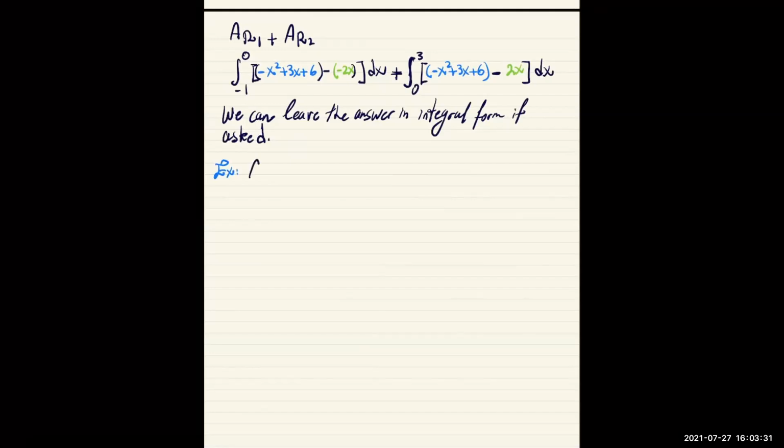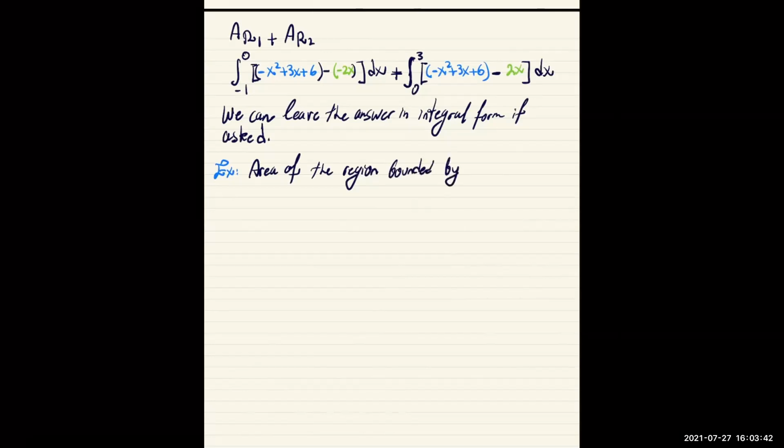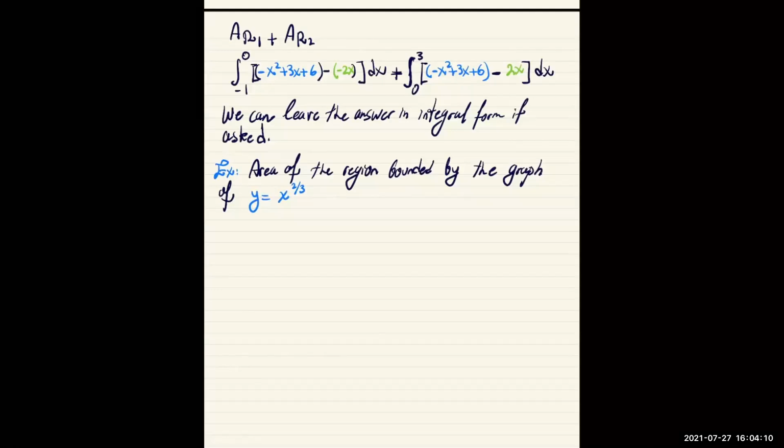So here we want to find the area of the region bounded by the graph of y equal to x to the 2/3 and y equal to x minus 4.